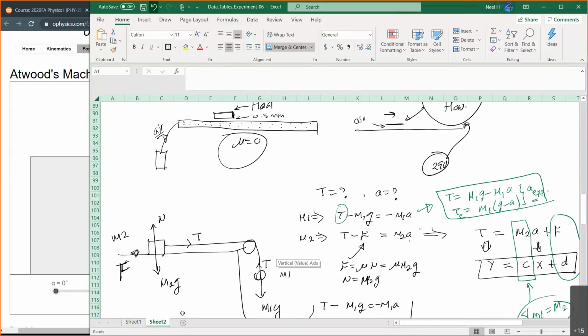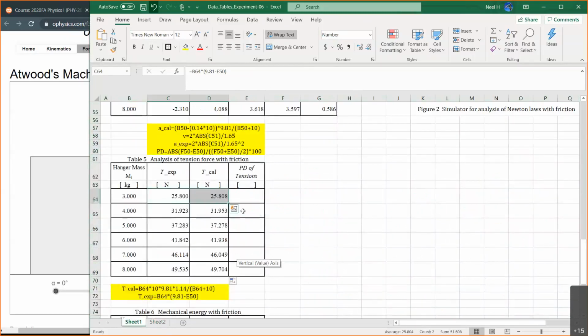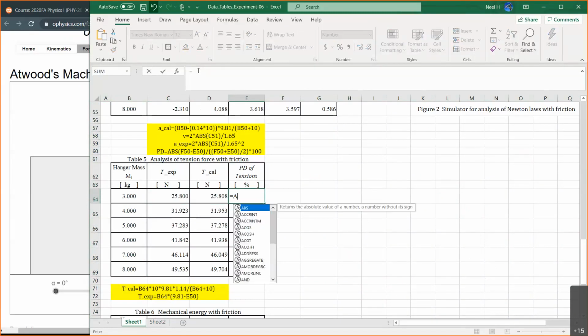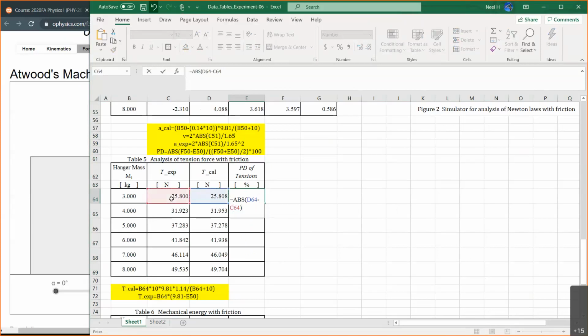Question. Then let's do percentage difference. Equal ABS of expected minus experimental, divided by the quantity expected plus experimental divided by 2, multiplied by 100.